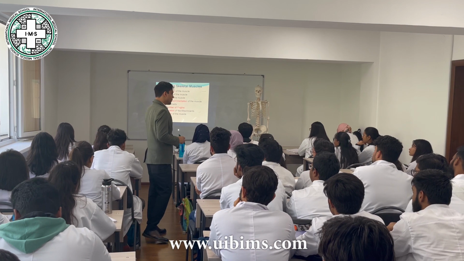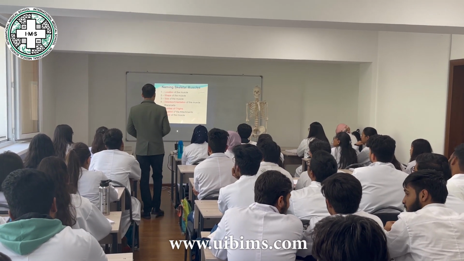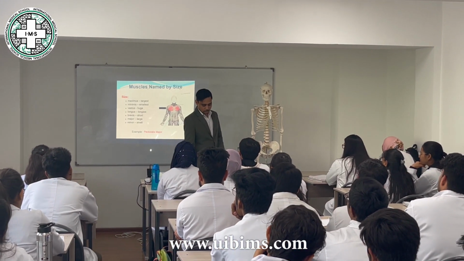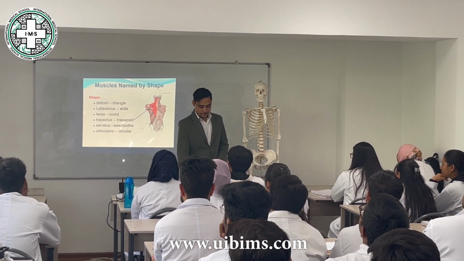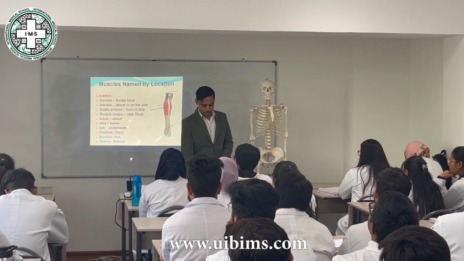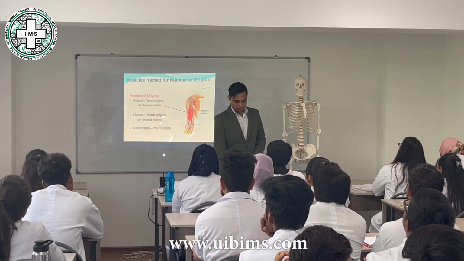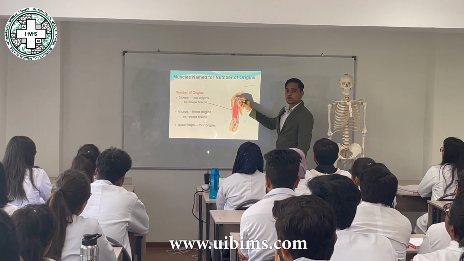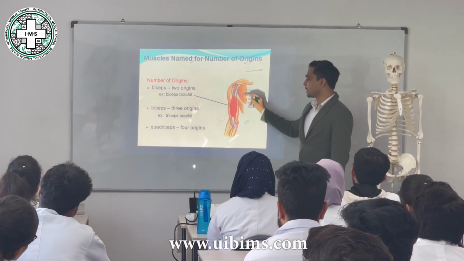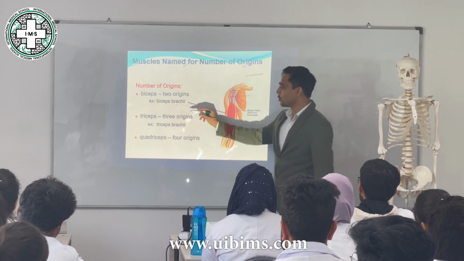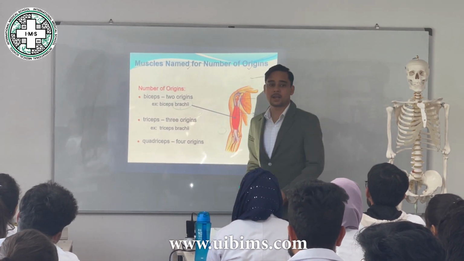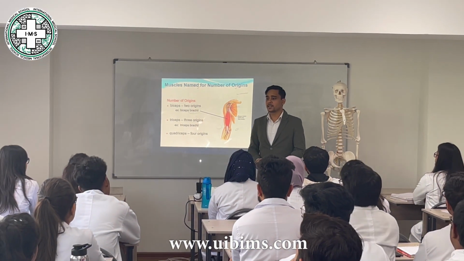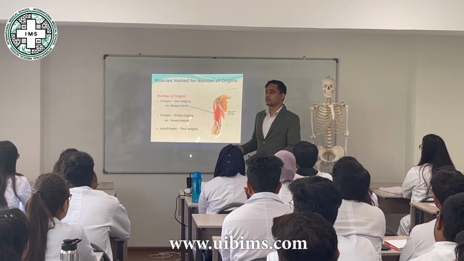So some muscles have two origins. We call it biceps. Biceps has two origins. You see, one, two. So this is biceps. The name is brachii, according to location; location is arm. Arm means brachii. So according to location this is brachii, and according to origin this is biceps.